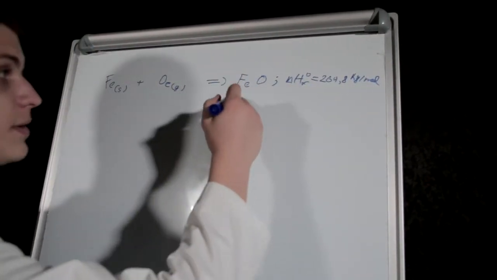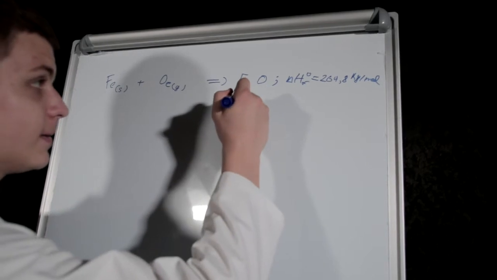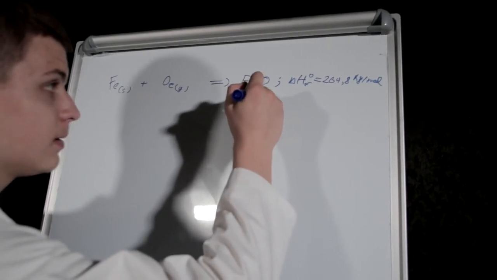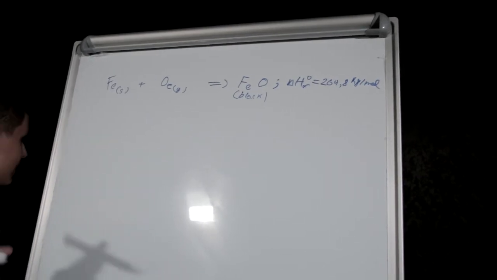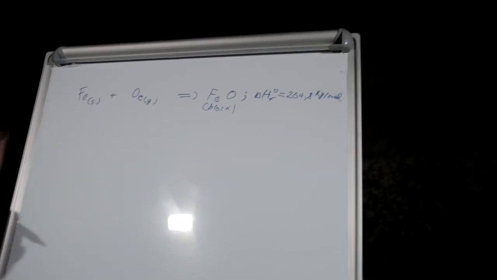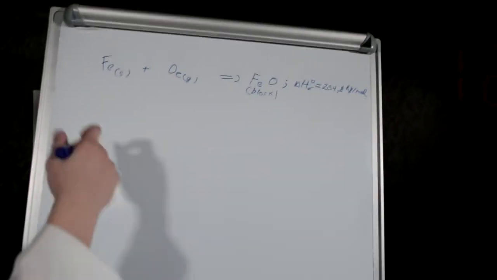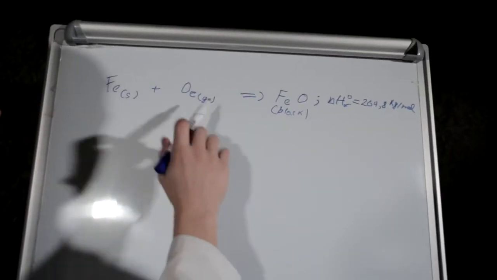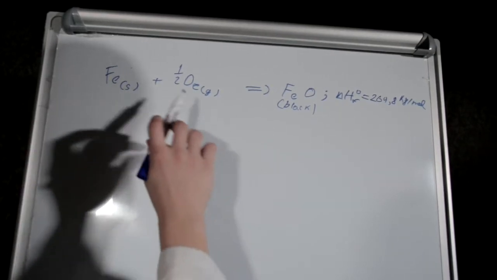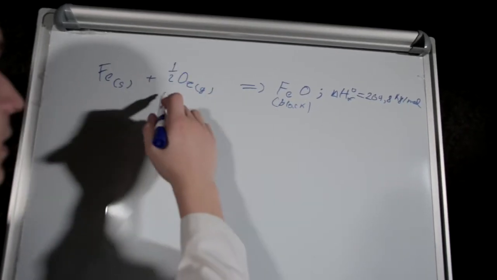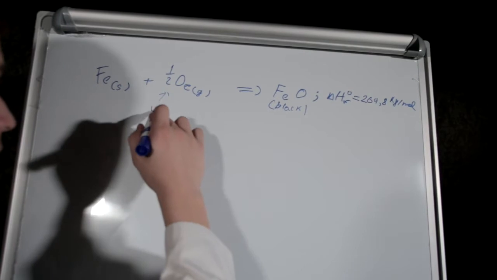Okay, so this oxide is black. We can see that it's 1/2 of the oxygen, so it's an insufficiency of oxygen.